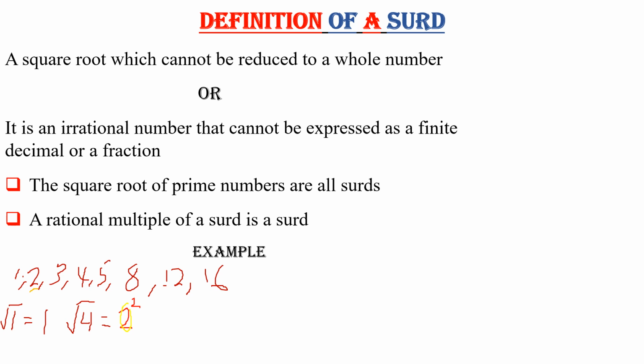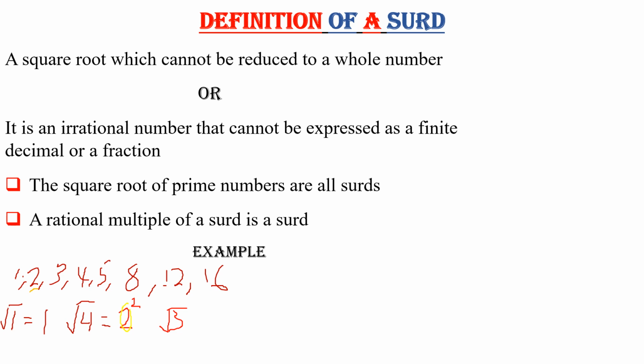Is that okay? So if there is any number that finds itself under the square root sign and cannot be reduced to a whole number like 1 or 2, then that number becomes a surd once it is under the square root sign. Therefore, let's see the square root of 3.